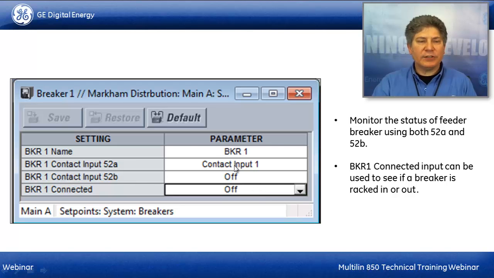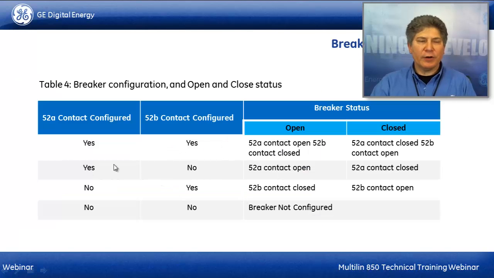Based on these inputs, we'll get different types of configurations. If the 52A contact is configured, we have these different choices available to us, and these are the different signals that will be recorded into the event recorder if we choose to go that far.